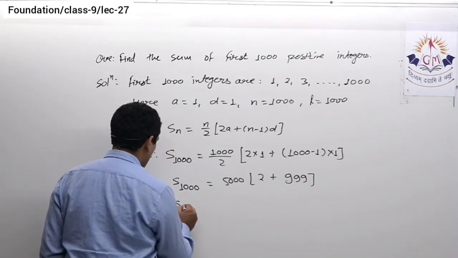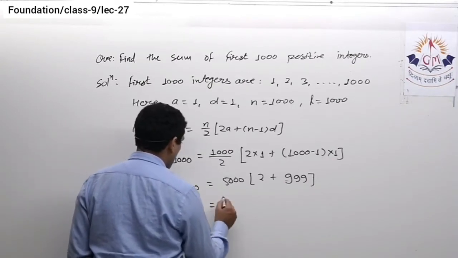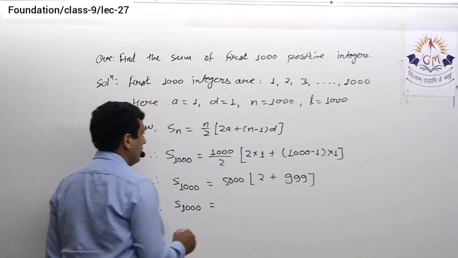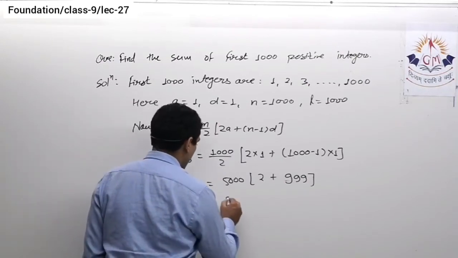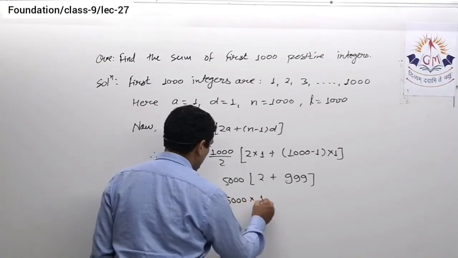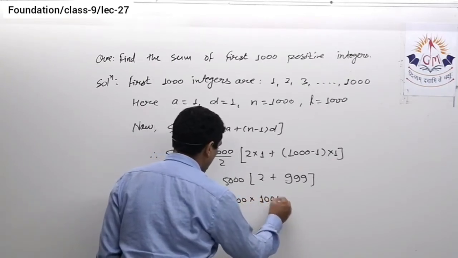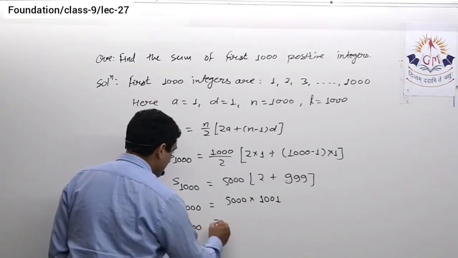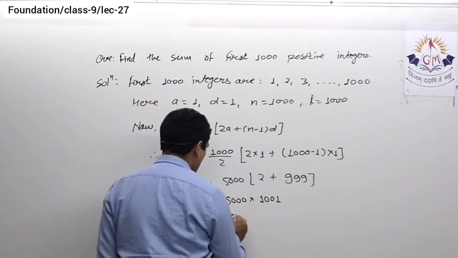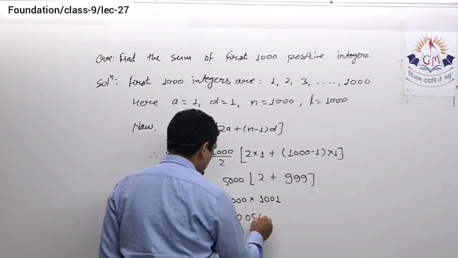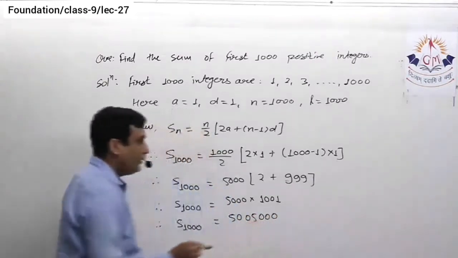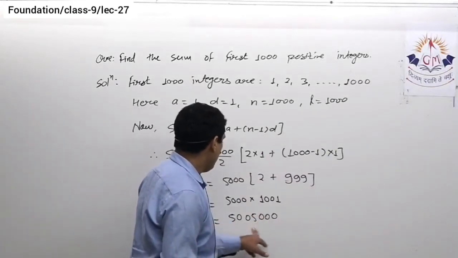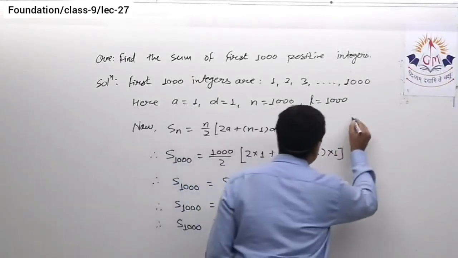Okay, so sum of 1000 terms is equal to 500 multiplied by 1001. Okay, so sum of first 1000 positive integers is equal to 500500. This is the sum of first 1000 terms.